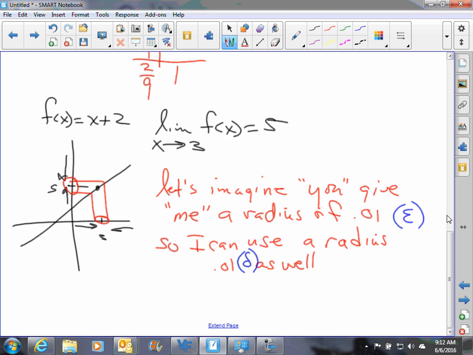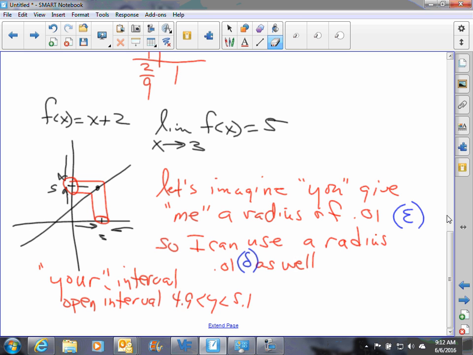And so what you're saying is that your interval is the open interval 4.99 is less than y is less than 5.01.